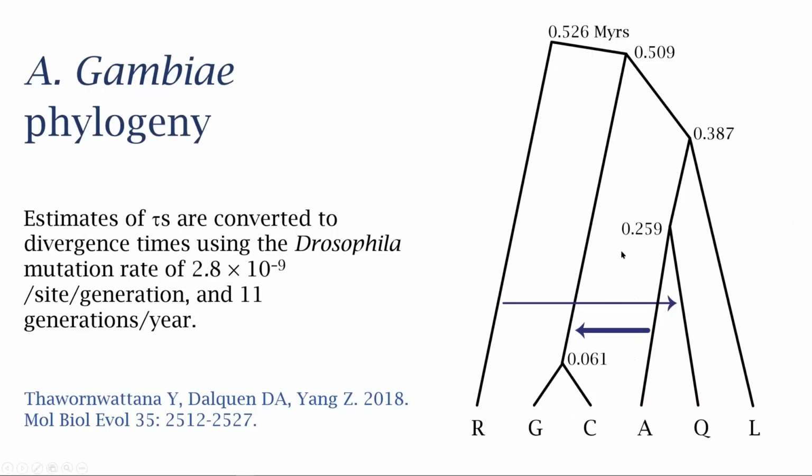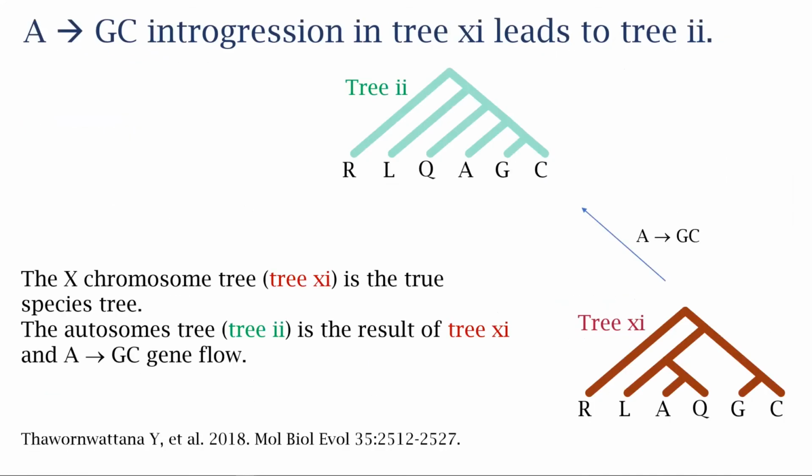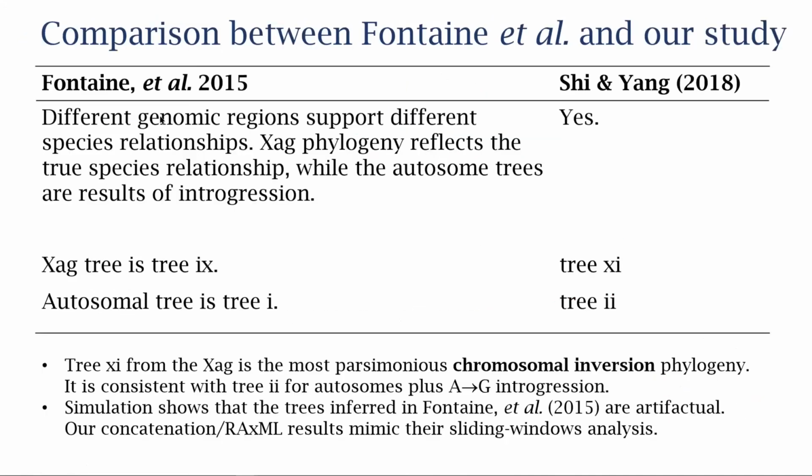So this is our tree. There's an introgression this way. The last thing is that when you add the well-known introgression starting from this X chromosomal tree, you do get the autosomal tree. This is not the case, not so simple with their trees. So here's a summary of the difference between the two.